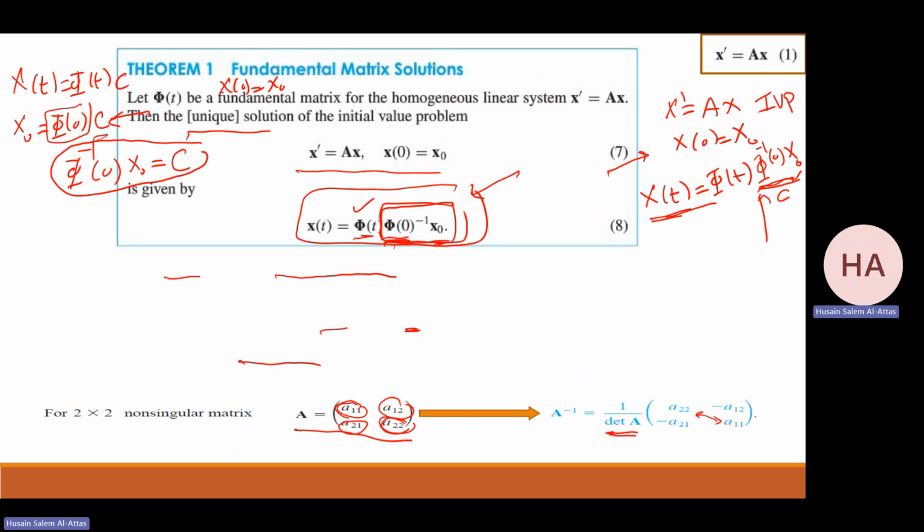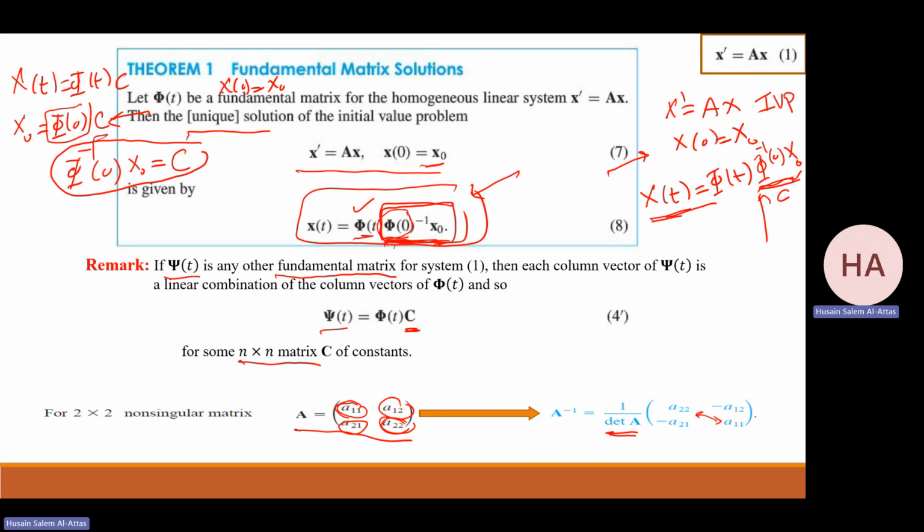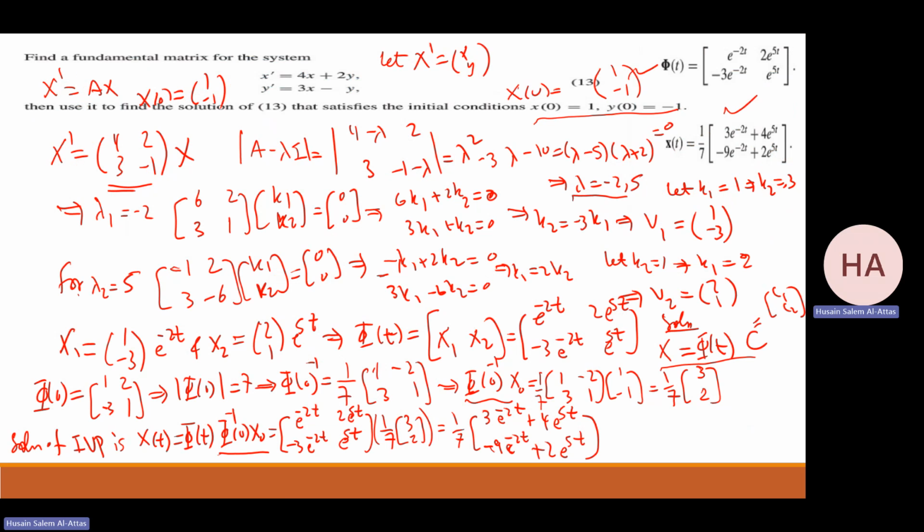If you have an initial condition, this c will be phi inverse at 0, the inverse of the matrix phi at 0, times the initial condition x0. Then multiply it by phi of t to get x of t. We did many examples to make this very clear.